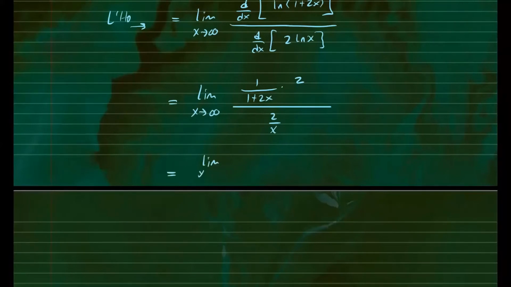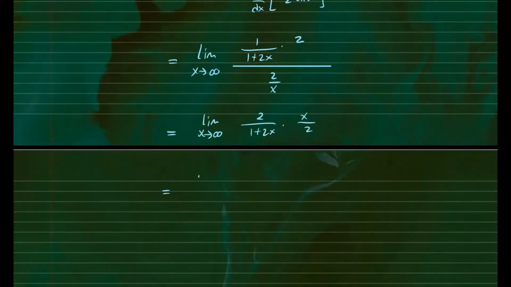So you have the limit as x approaches infinity of 2 over 1 plus 2x times x over 2. So I reciprocated the bottom fraction. We're still just rewriting the limit as x goes to infinity. Here we can cancel these out, and then we're left with x over 1 plus 2x.